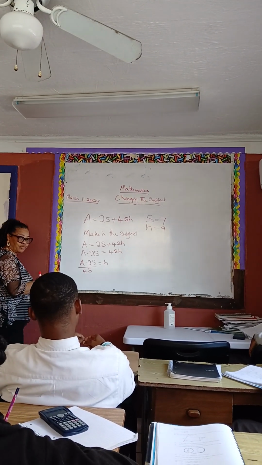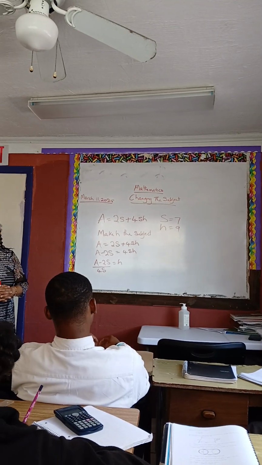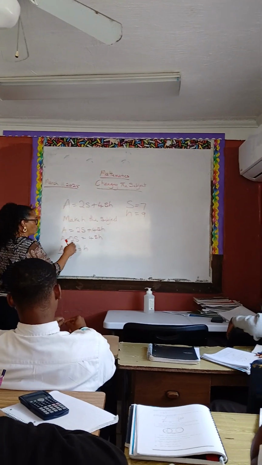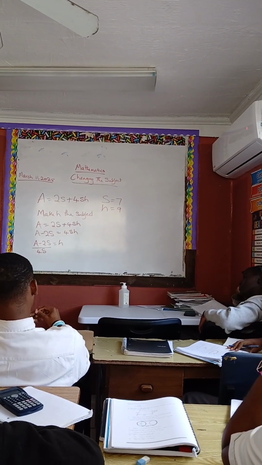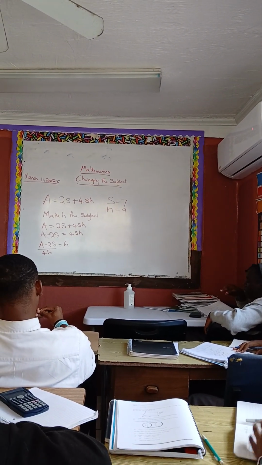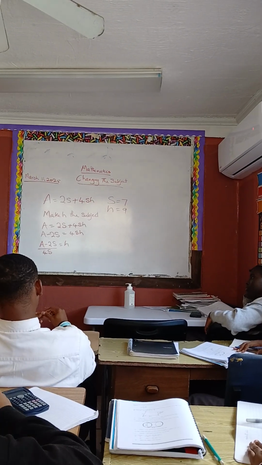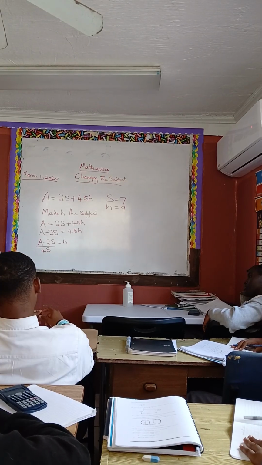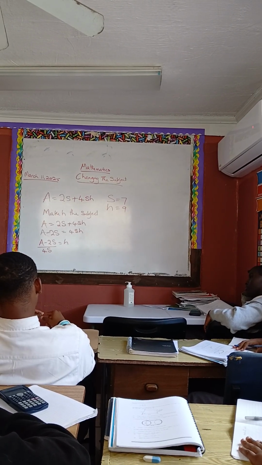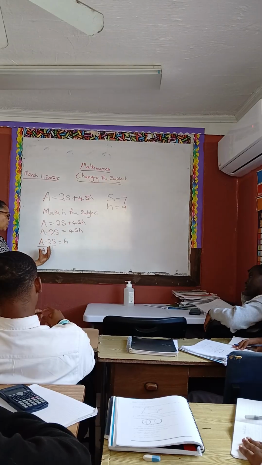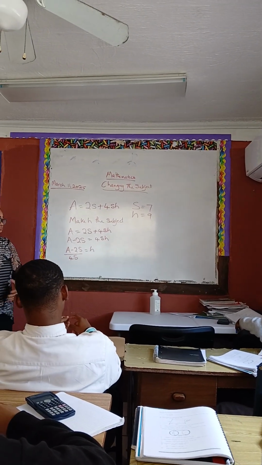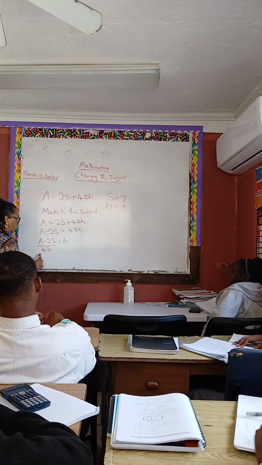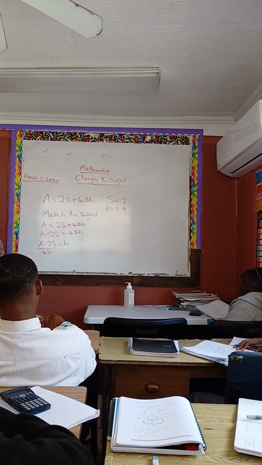So when I bring it over, it is going to become a subtraction. A minus 2s, that leaves me with 4sh. Now I am going to bring over 4 and s, because I need to leave h by itself. But I am multiplying by 4s. Opposite of multiplication is what? Division. So when I bring it across, it's going to become A minus 2s divided by 4s equals h.